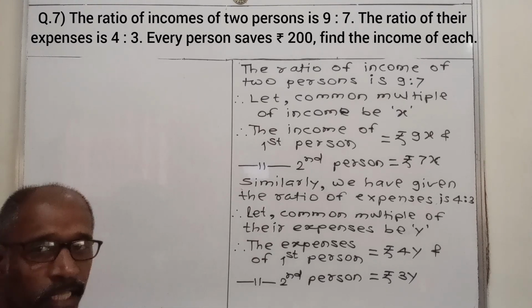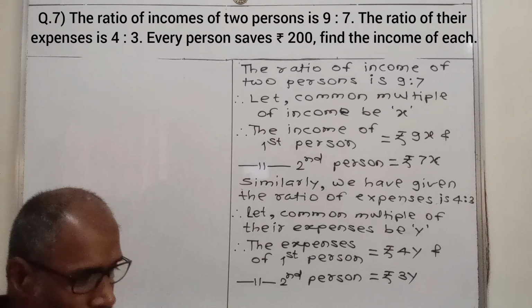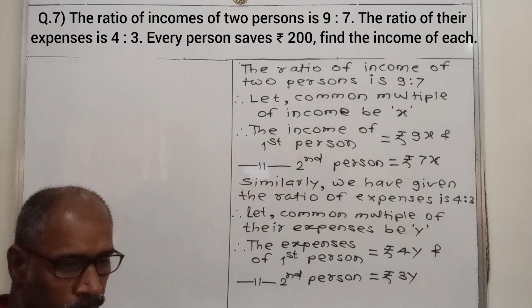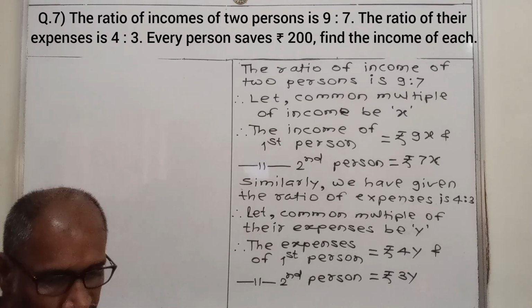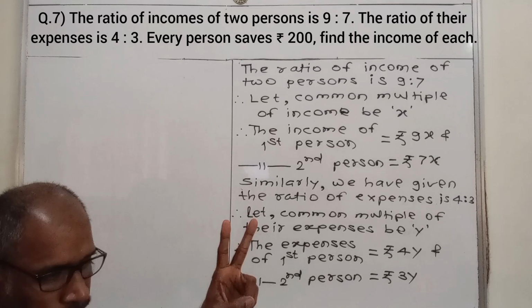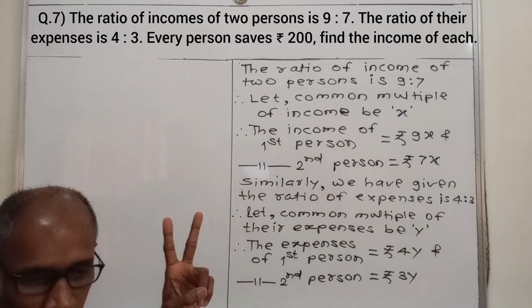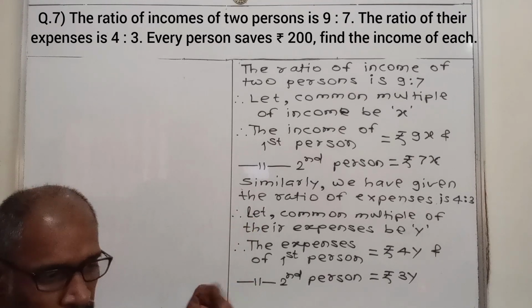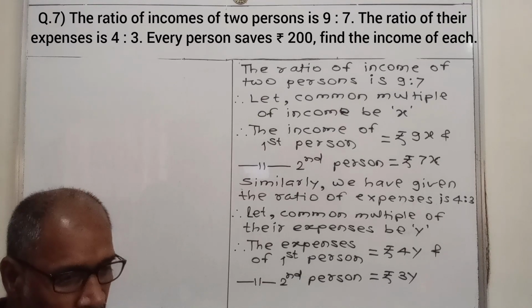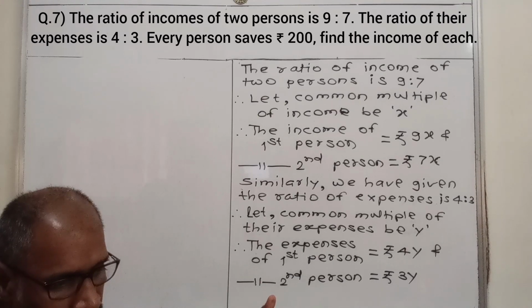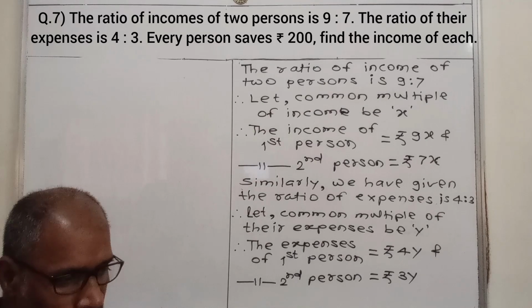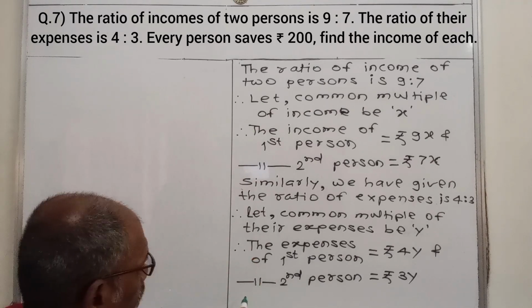Now, when there is income, then income is divided into two parts. Which are those? Savings and expenses. Income is divided into two parts.